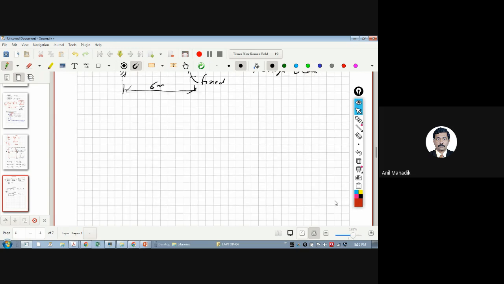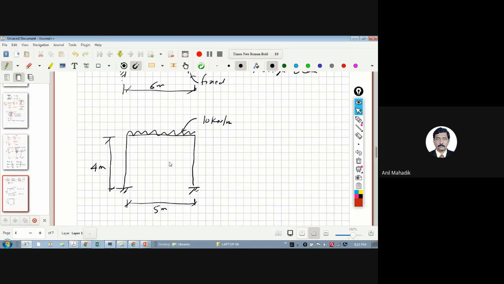Then you take one more problem of the beam column design. So in beam column design, let's say this is your fixed support. Let's say this height of the column is 4 meters. The span of the beam is 5 meters. Load on the beam is 10 kilonewton per meter.